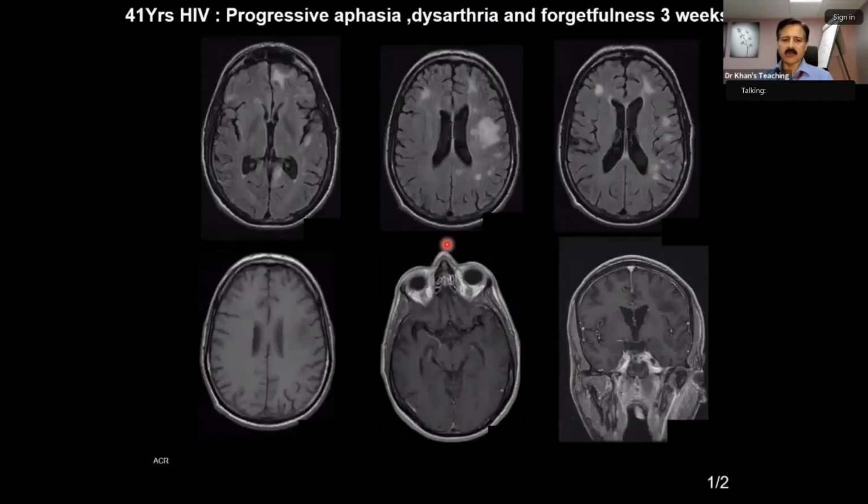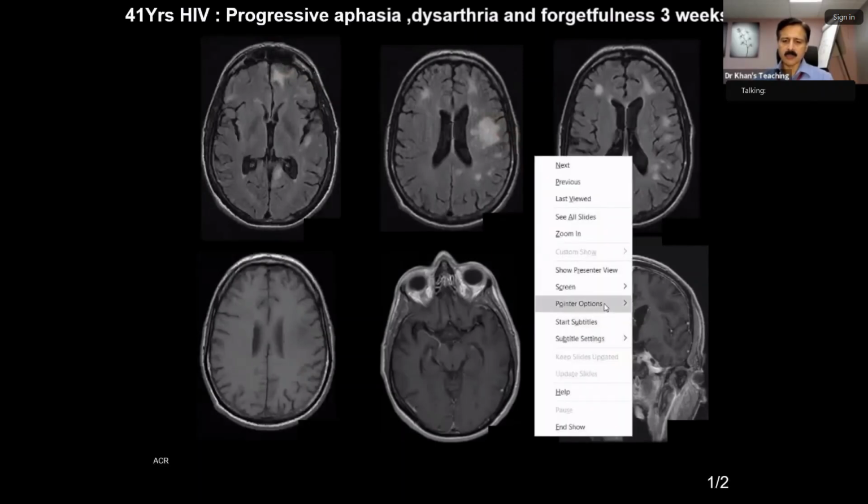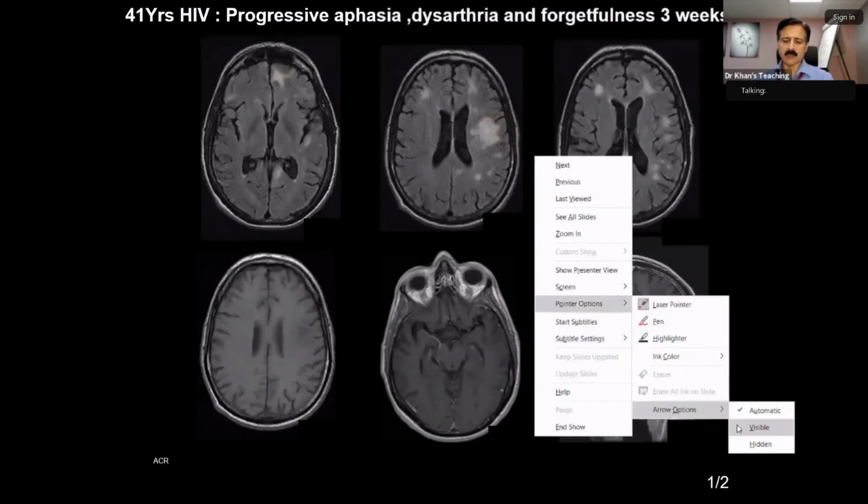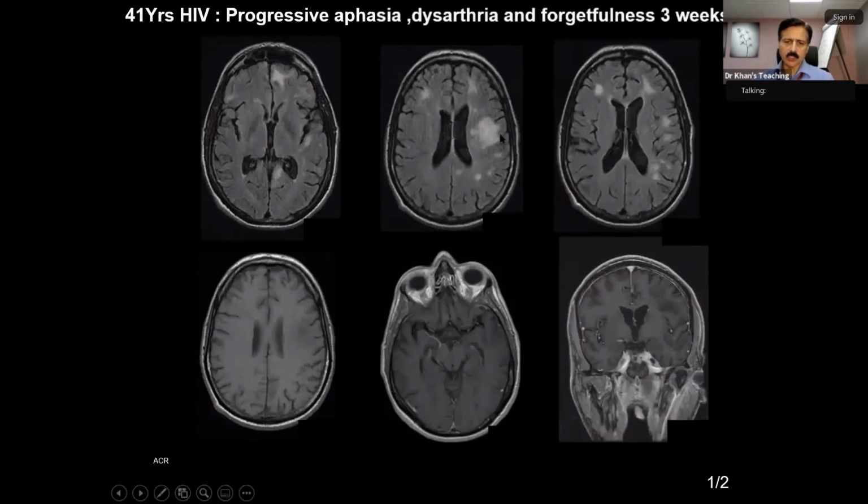Another thing which is critical: subcortical U fibers, U as in the alphabet U. Involvement of subcortical U fibers, you see this one here, look at this U shape.